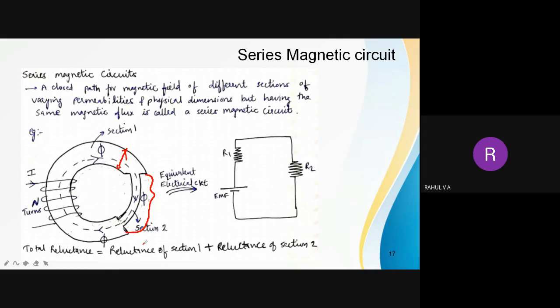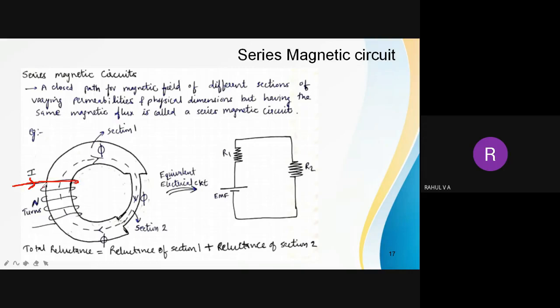There are two sections. One is with a large cross-sectional area, and the second one is with a small cross-sectional area. Or we can say that the diameter of the ring in section 1 is a little bit larger, but the diameter of section 2 is a little less.